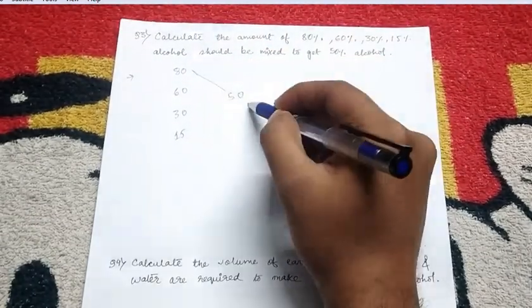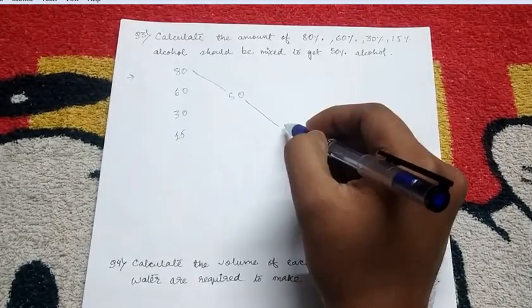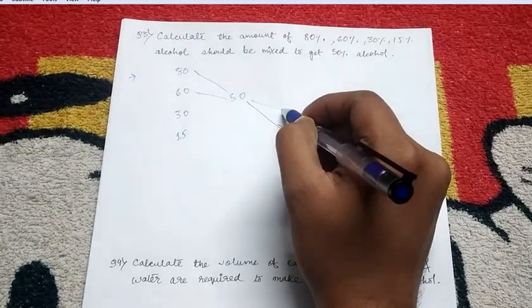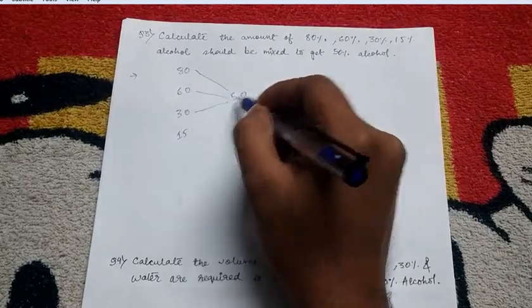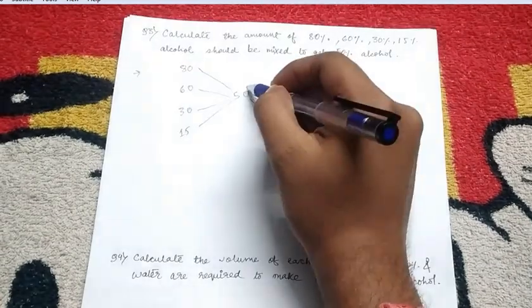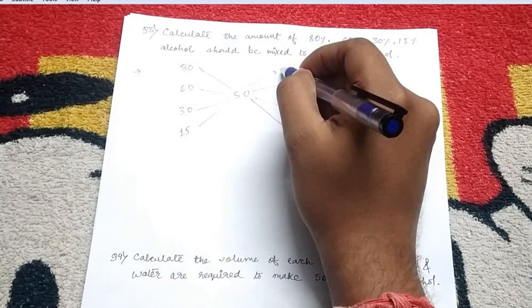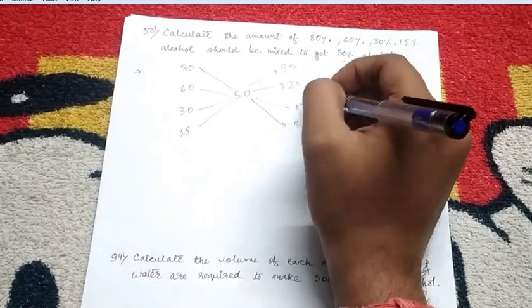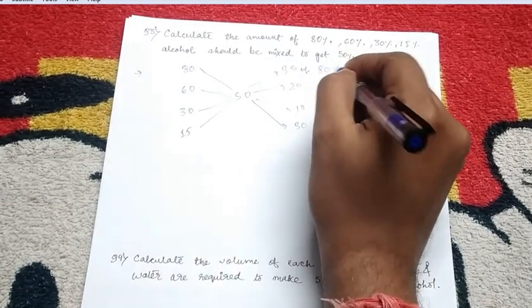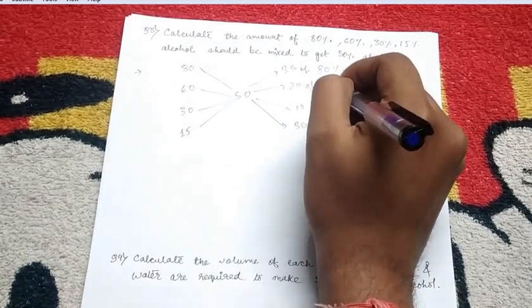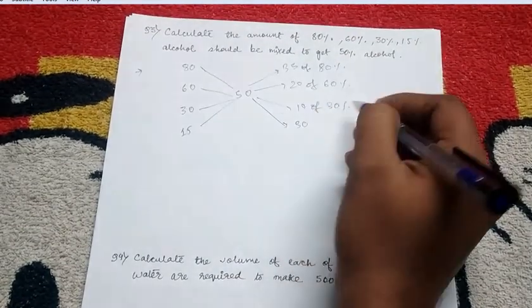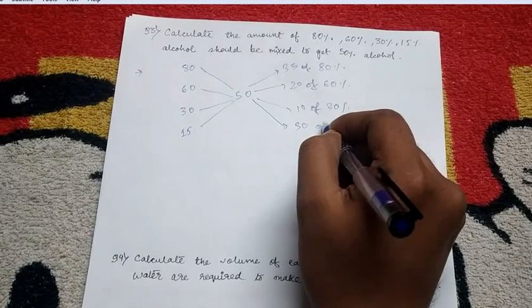So we just subtract this to get 30, then subtract this to get 10, subtract this to get 20, and then to get 35. Therefore 35 of 80%, 20 of 60%, 10 of 30%, and 30 of 15%.